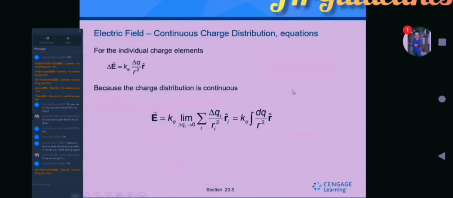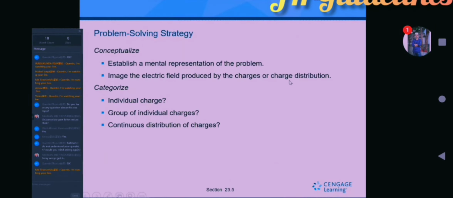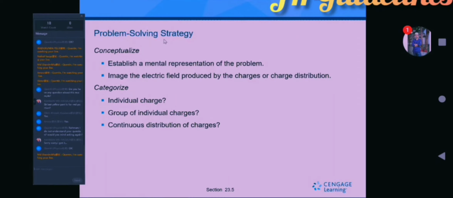Now, let me come to something more complicated. Let me repeat this problem-solving strategy again. First one is conceptualize, establish a mental representation of the problem. Then imagine the electric field produced by the charges or charge distribution.